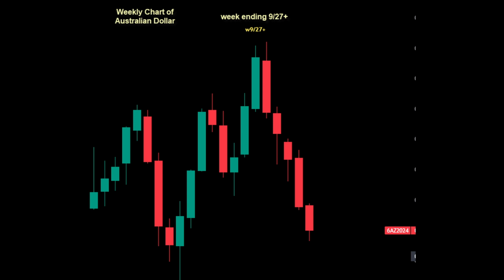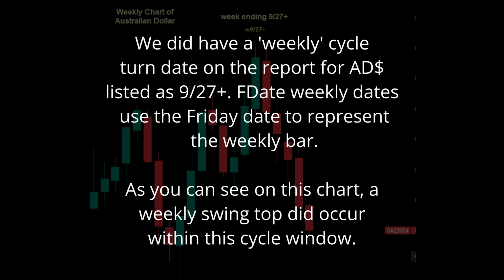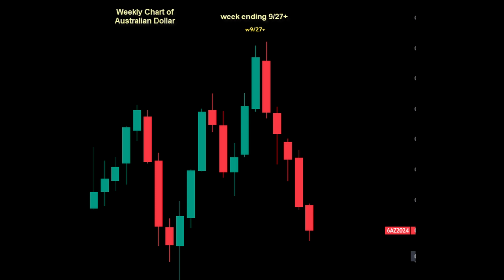Okay, really quick, I wanted to interject here in post that on the weekly chart, we did have a weekly cycle turn date for week ending 9/27 plus. This means the weekly price bar for the week that ends with the date 9/27 is the price bar we're referencing. The same rules apply, that the window is plus or minus one bar.